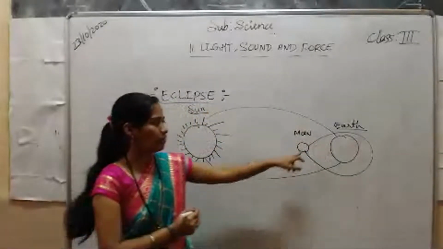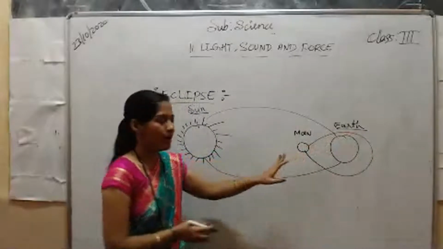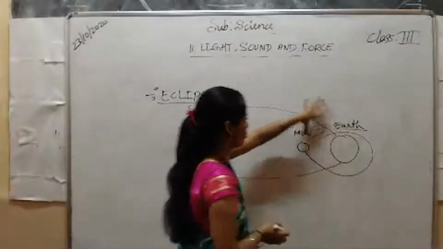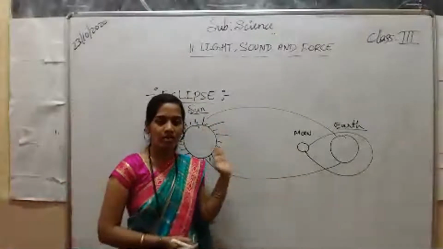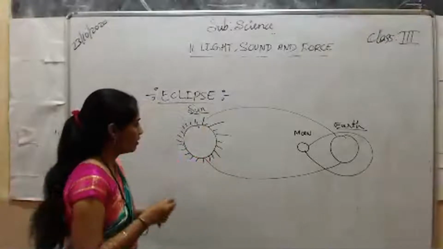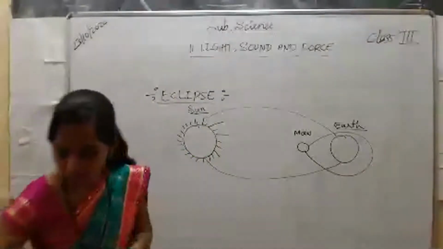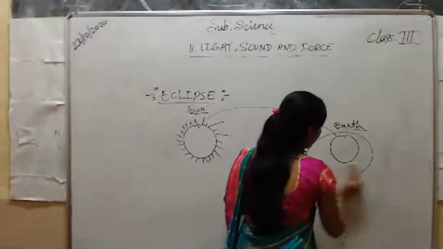These two revolve around the sun. This is how the solar system works. So now, what do we mean by eclipse? I will tell you now.